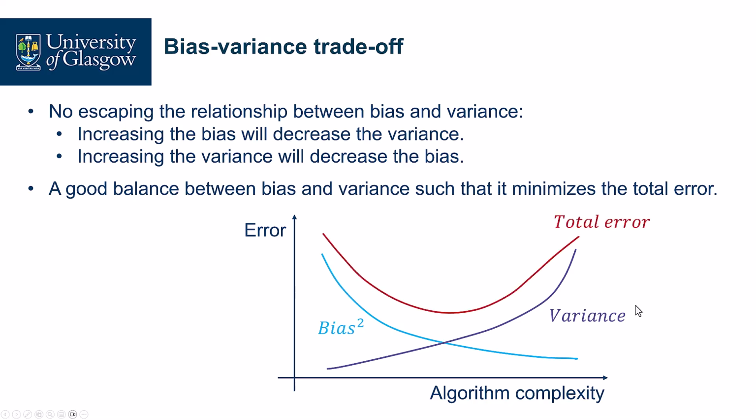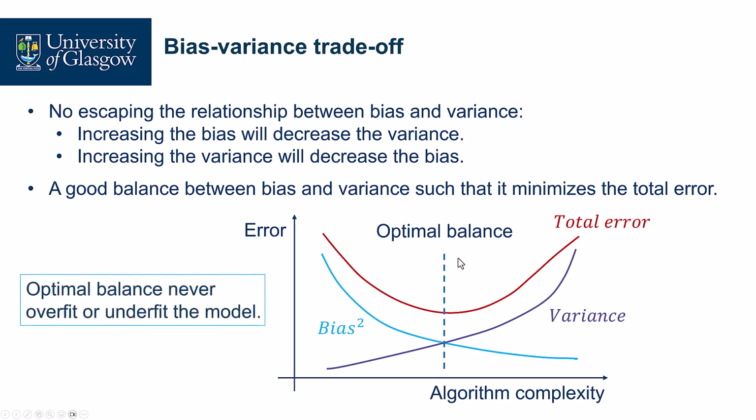What we want is the minimum total error, right? So we want the optimal balance here. The optimal balance is often neither overfit nor underfit. We can see this is the underfitting zone, this is the overfitting zone. We want neither of them. Instead, we want the middle to get a good balance between the bias and variance.